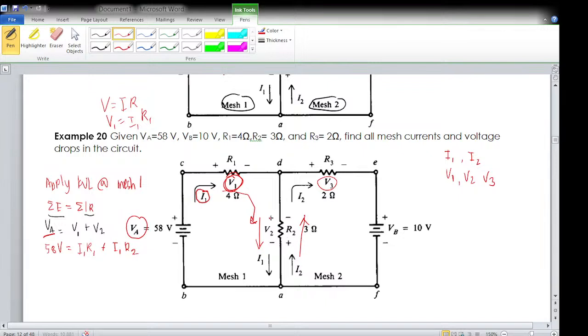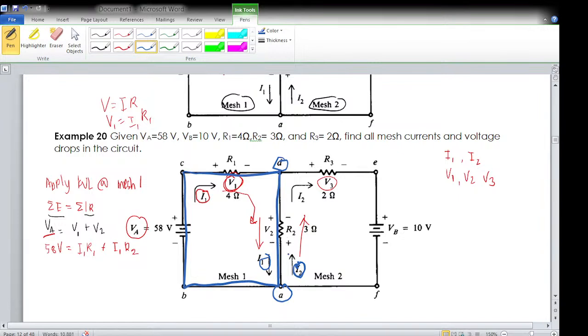Kasi diba class, yung mesh 1, cover niya ito, this one, and this one, diba? Eh, sa part na to, etong sa DA na part, dalawa yung current na nag-flow, which is I sub 1, ito, tsaka I sub 2. Can you follow? So therefore, kailangan i-add din natin to kasi nakaka-apekto siya sa V sub 2. Can you follow?